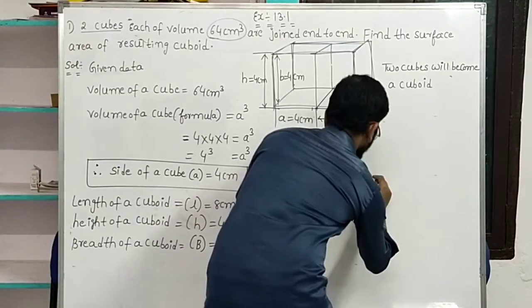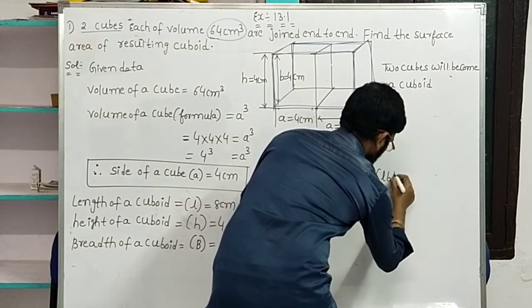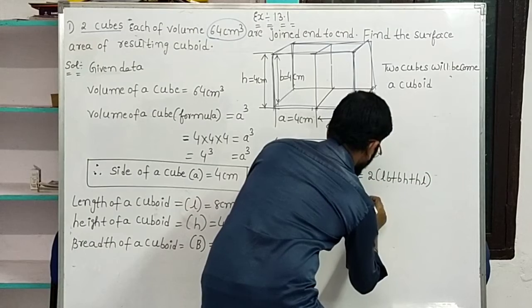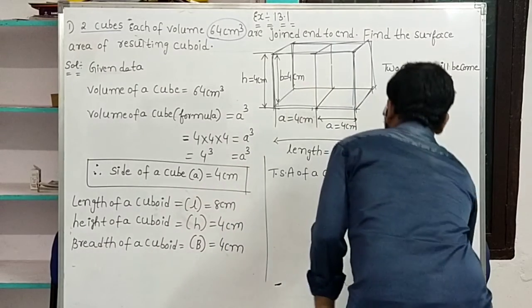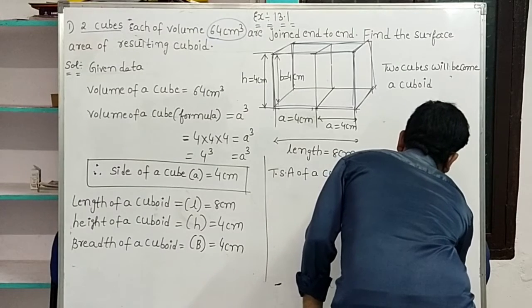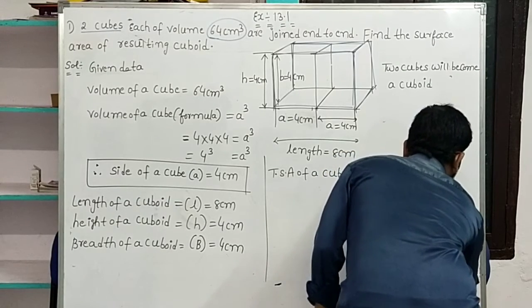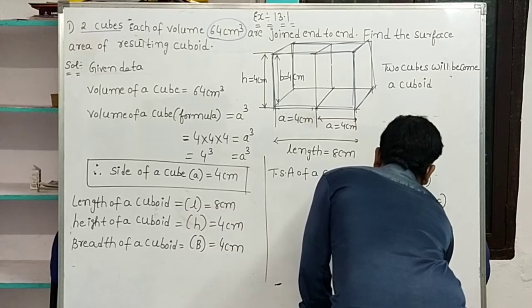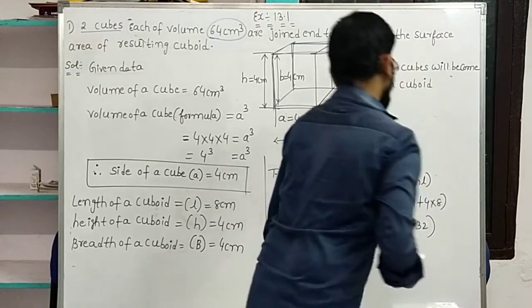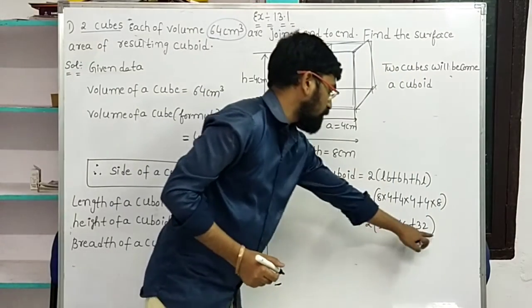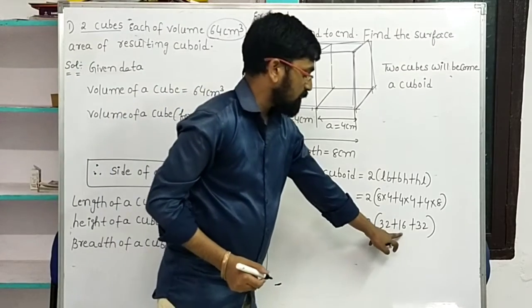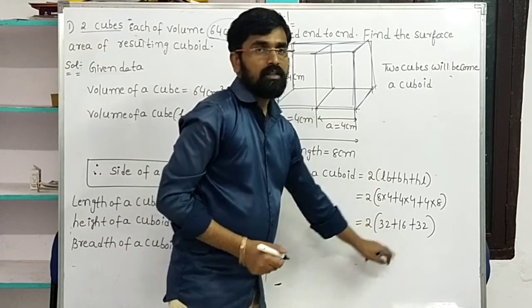That is 2 into LB plus BH plus HL, the formula. That is 2 times of L is 8, into B is 4, plus 4 into 4, plus 4 into 8. So 2 times of 8 fours are 32, plus 16, plus 32. So 32 plus 32 is 64, 64 plus 16 is 80.